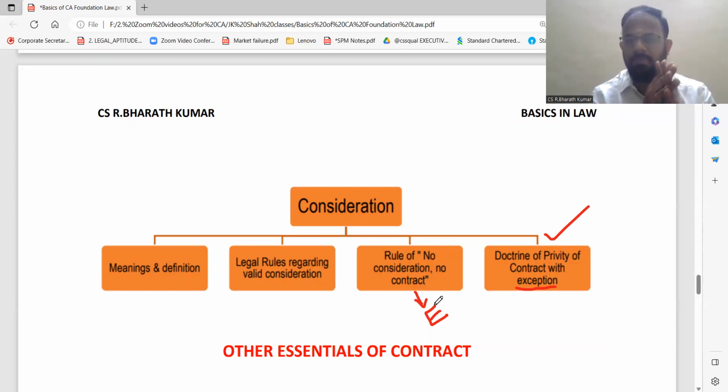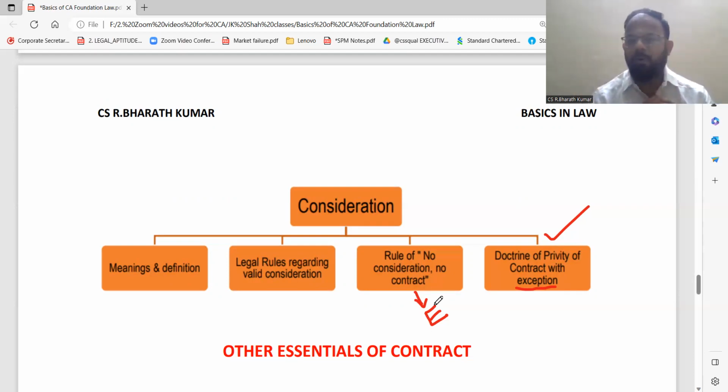That's called nudum pactum. But can there be a contract even without consideration? Yes. That's called an exception. Simple example, a gift from a father. There is going to be a gift deed properly done under the Indian Stamp Act 1899. There should be proper stamping. Everything is perfect. But will you give something back in return to your dad because he gave you a gift? No, not necessary. There is a contractual term, but there need not be a consideration.